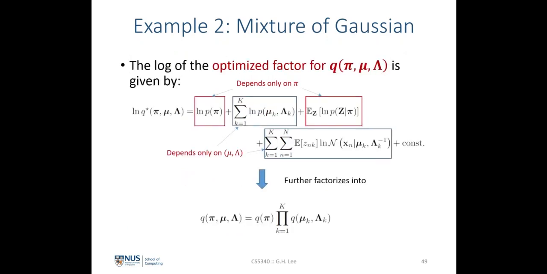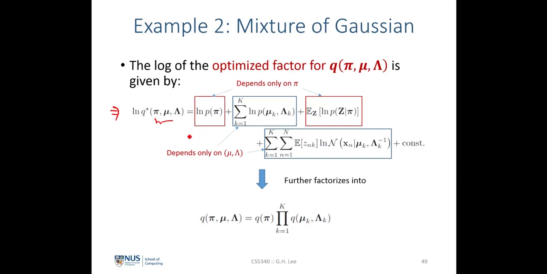So now this is given by this particular term here: the optimal Q over these three unknown parameters of the mixture Gaussian distribution is given by the expectation over all the other latent random variables except for pi, mu, and lambda.